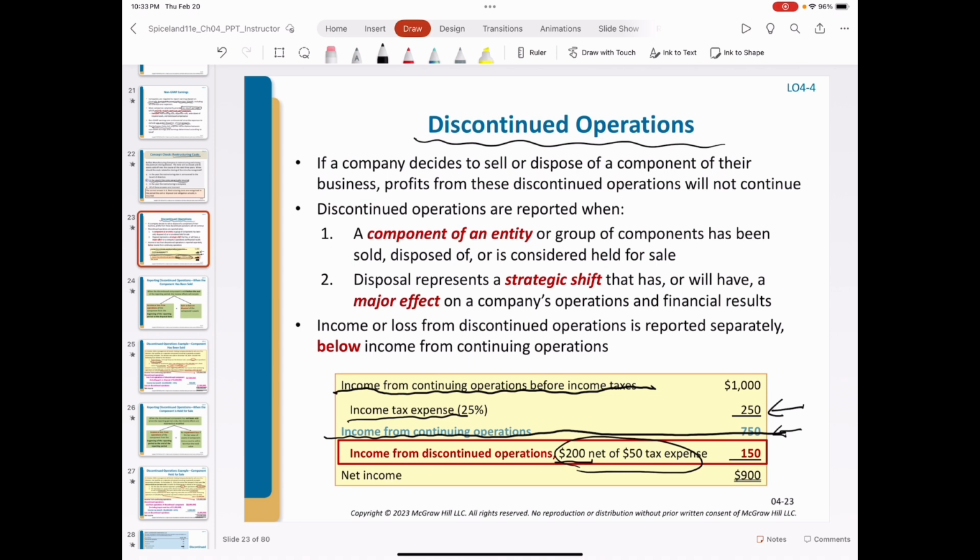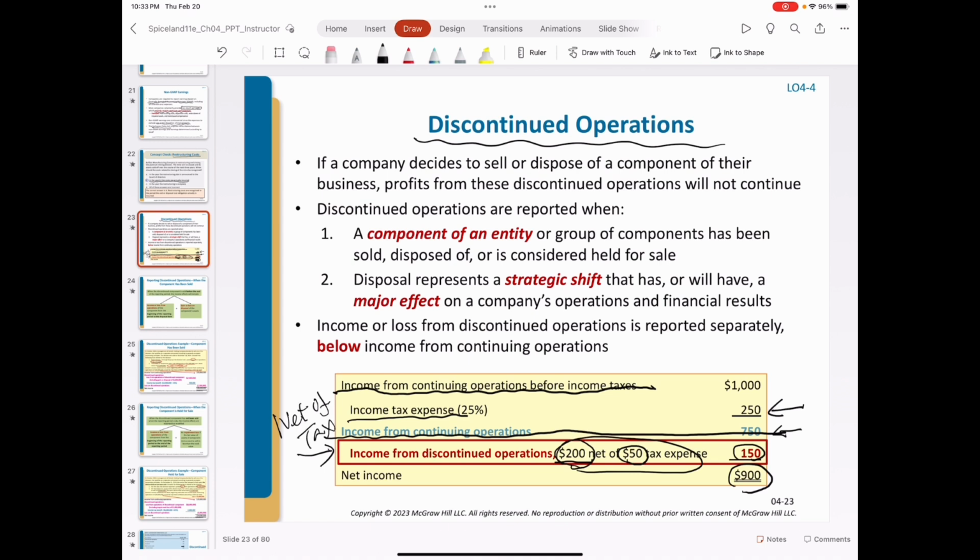So here, the impact is income from discontinued operation before tax was 200, while 50 tax expense. So the net impact will be 150. That's a plus. Then the sum of both will be the net income. So the numbers reported following the income from continued operation are reported net of tax.